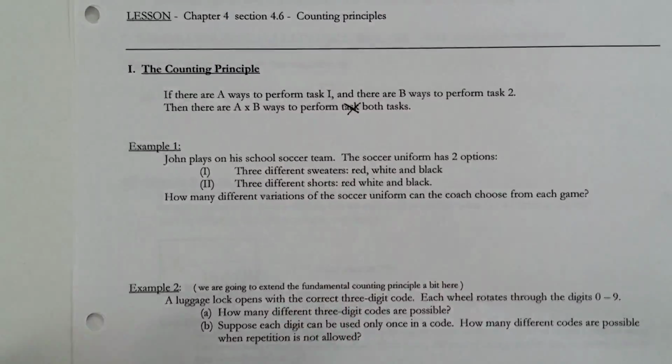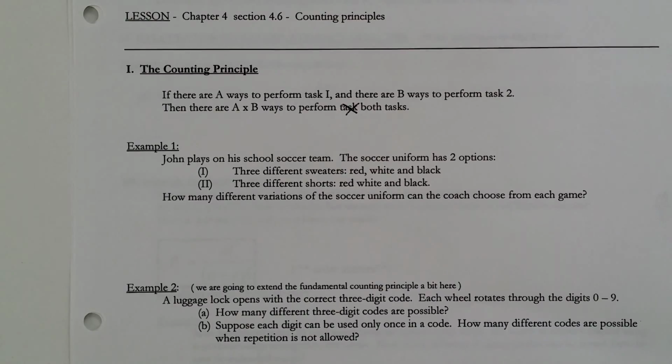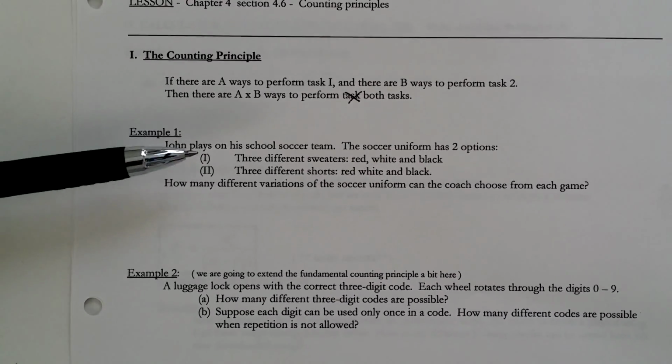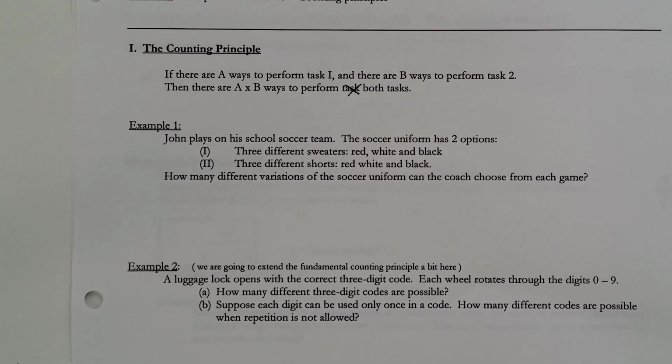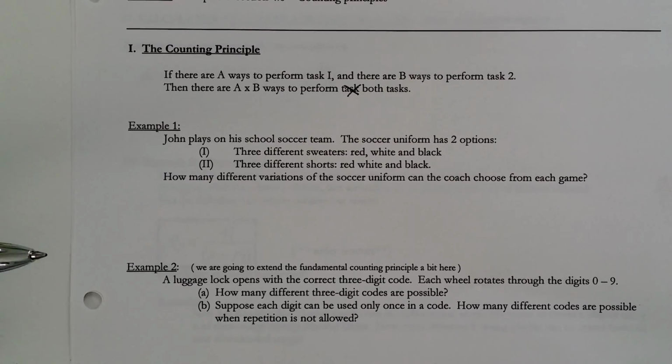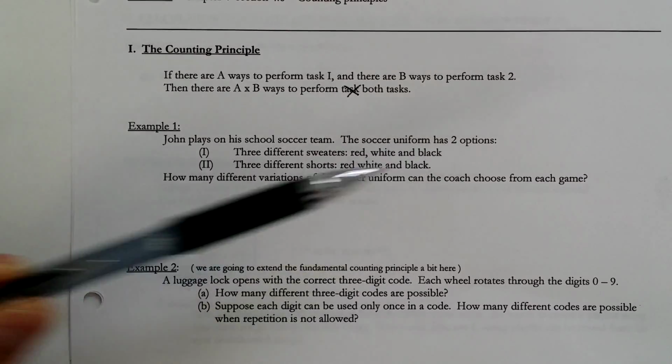It's hard to understand the counting principle unless we look at a few specific examples of how we can apply this. Now, let's say John plays on his school soccer team. The soccer uniform has two options.